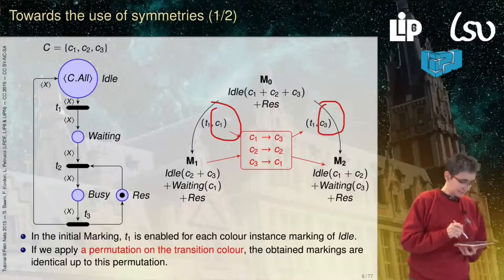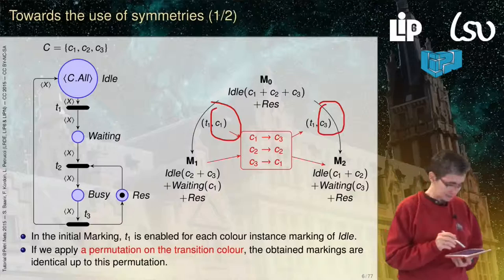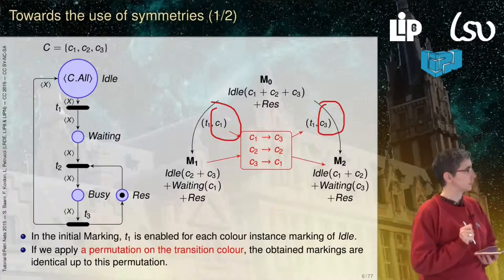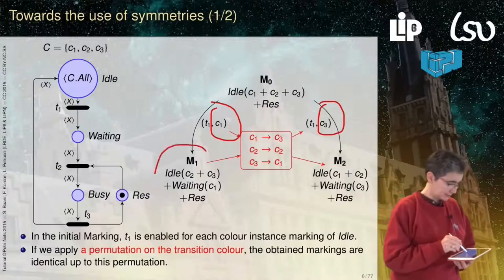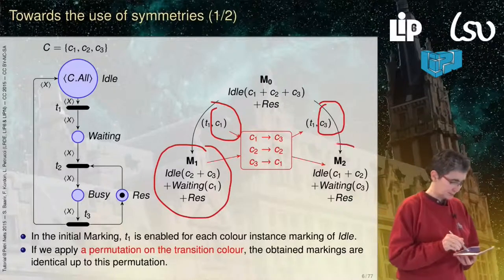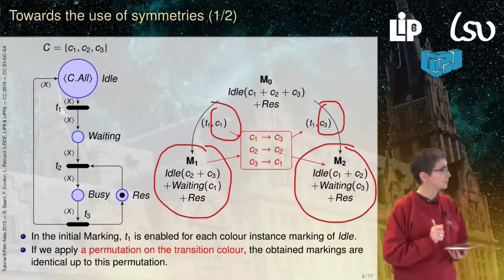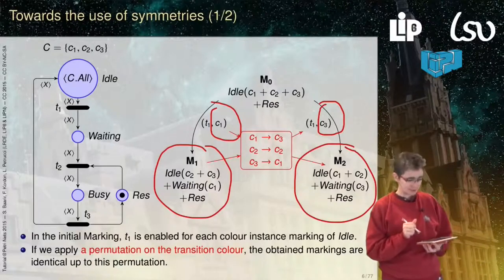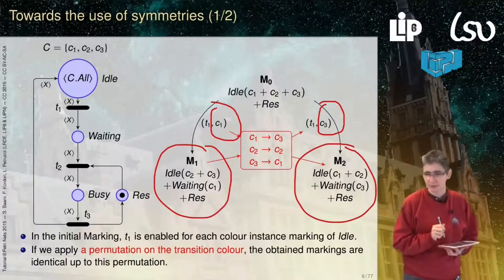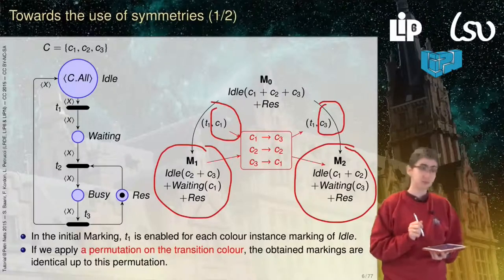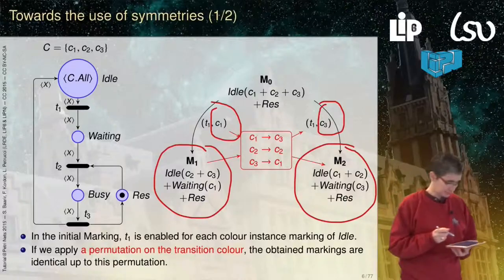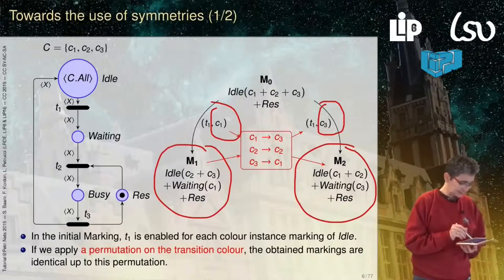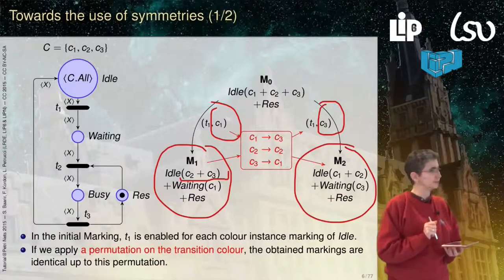And in fact, we can move from T1 C1 to T1 C3 just by replacing C1 by C3. And similarly, from marking M1, we can get marking M2 by doing the same operation, so replacing C1 by C3 and replacing C3 by C1 and leaving C2 as C2. So if you do that element by element, you see that idle contained here C2 and C3.